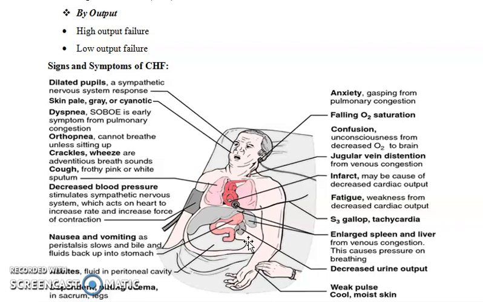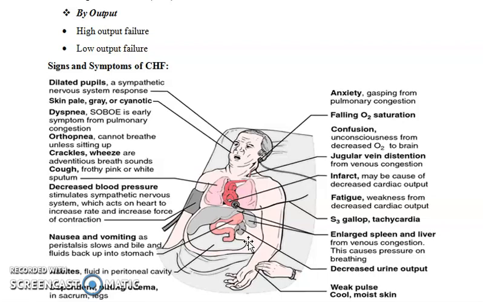Coming to the next one, what are the signs and symptoms of congestive heart failure? There may be dilated pupil, dyspnea, that is difficulty in breathing because of pulmonary congestion, and orthopnea, that is they cannot breathe unless sitting up. There may be crackles, wheezing, cough, decreased blood pressure, nausea and vomiting.